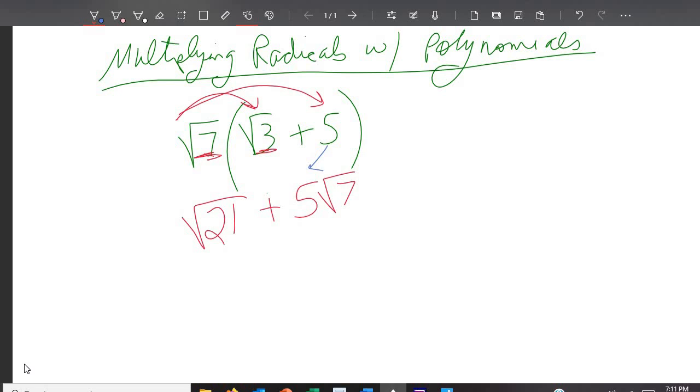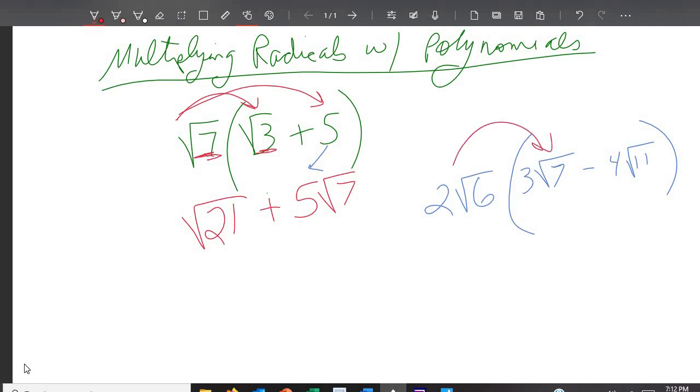All right. Suppose I had 2 square root of 6 times 3 square root of, let's do 7, I guess, minus 4 square root of 11. Now, we're doing the distributive property. Notice there's numbers in front.